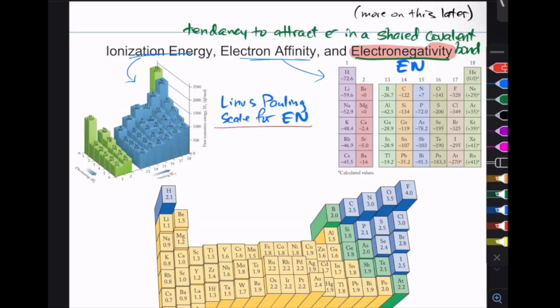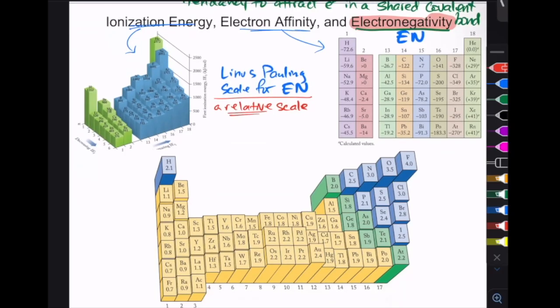It's a relative scale. It's not absolute. And we can see it down here. Whereas fluorine, we've talked a lot about fluorine, has a really high electron affinity that we can measure. It also has the highest electronegativity.